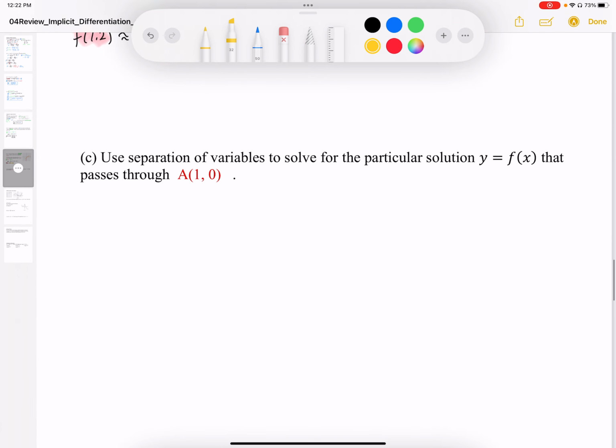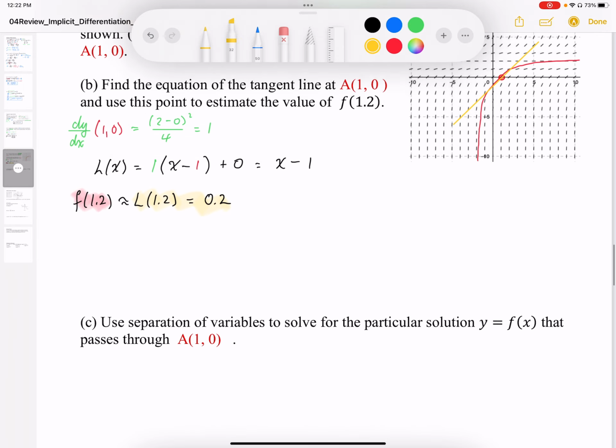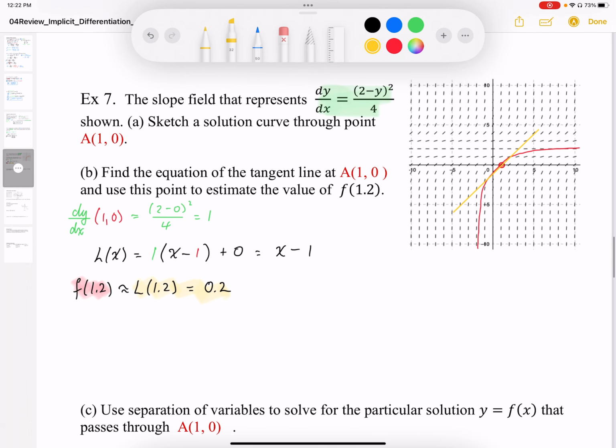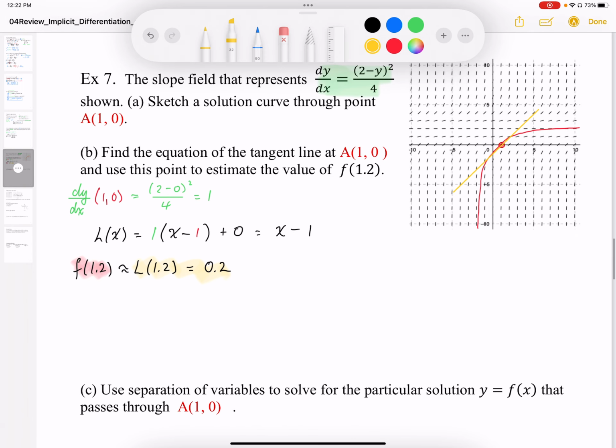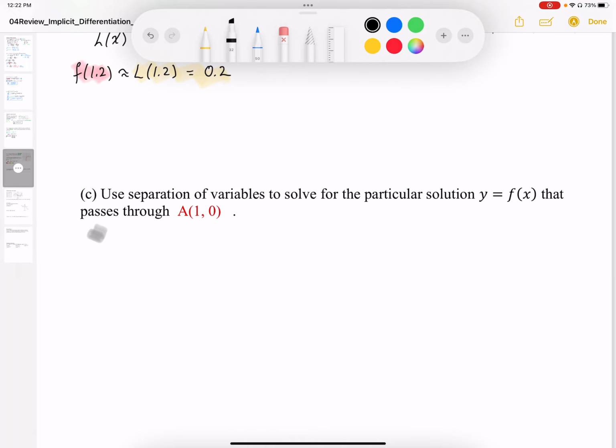Part C asks, use separation of variables to solve for the particular solution y equals f of x through (1, 0). So we're going to start with that differential equation. We have dy/dx is equal to (2 minus y) all squared all over 4.